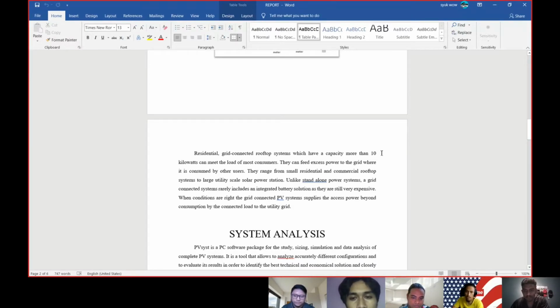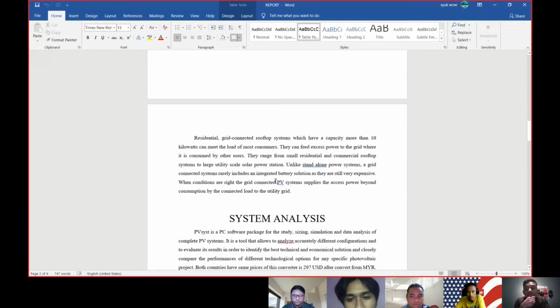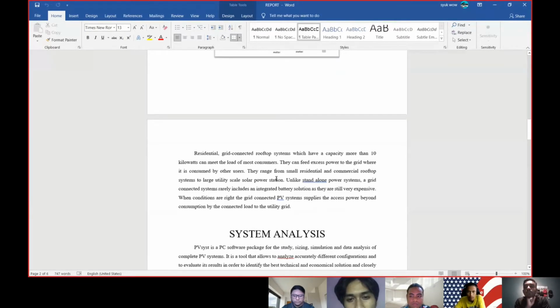They can feed excess power to the grid where it is consumed by other users. So that's a little bit of our report for this mini project.